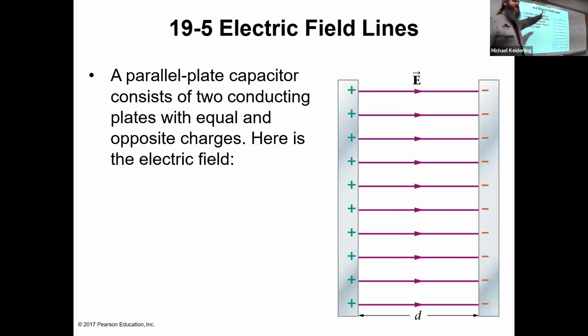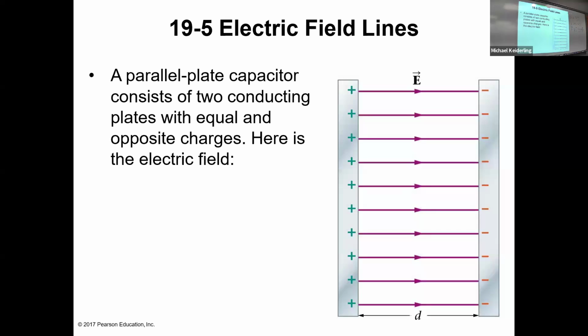If you have a whole bunch of charge on a flat plate facing another flat plate with the opposite charge, you get a very nice electric field. It's even, that's all pointing from one plate to the other and all parallel. This is a parallel plate capacitor. It's sort of like the idealized simple capacitor. Actual capacitors have to deal with that.